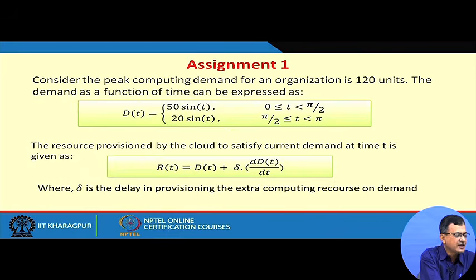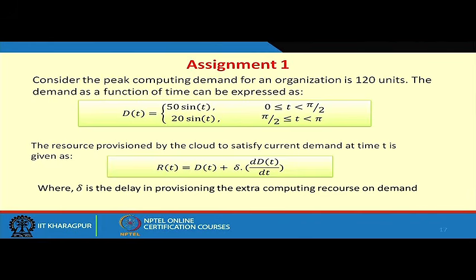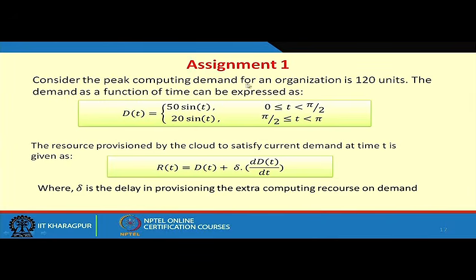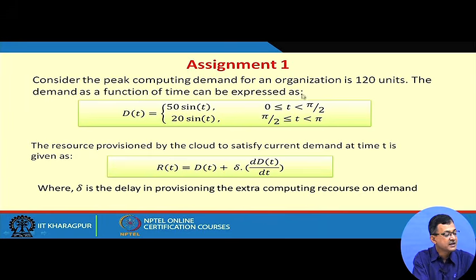Based on this, I kept a small assignment for you to work on in your own time, and we will discuss this assignment in one of these classes during some free time. It says: consider a peak computing demand of an organization of 120 units, and the demand as a function of time is expressed as given, where D(t) is the demand over t.